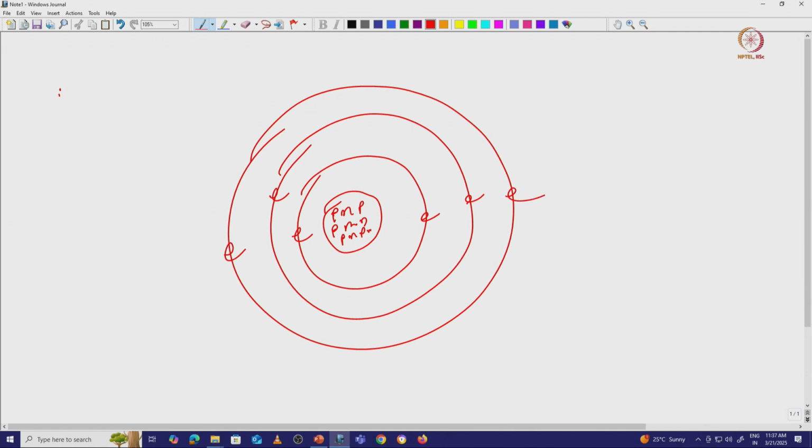So, first of all, we consider the backscattered electron. What is happening? This is an incident electron beam which is very close to the nucleus. It will come and deflect its path and then finally go out from this atom completely. This is called the backscattered electron.